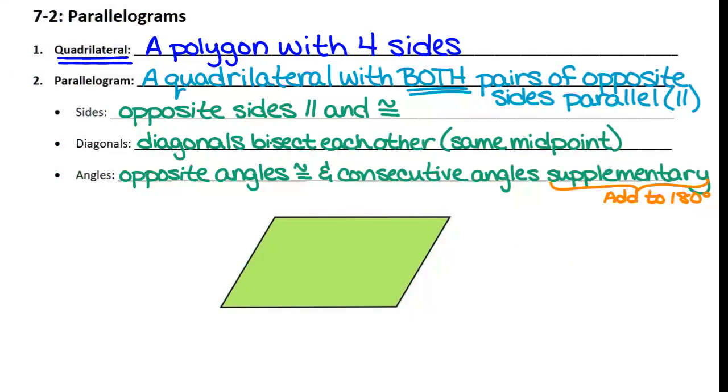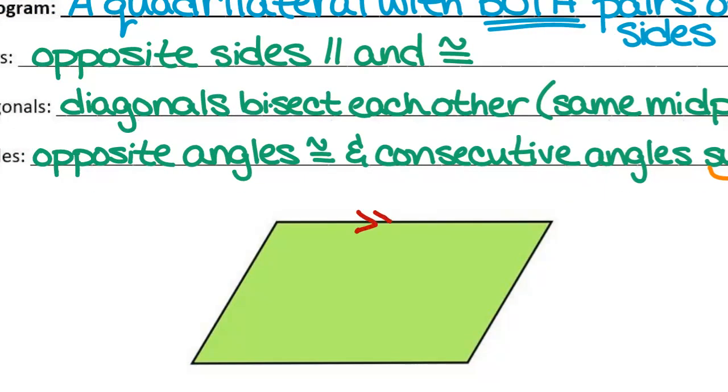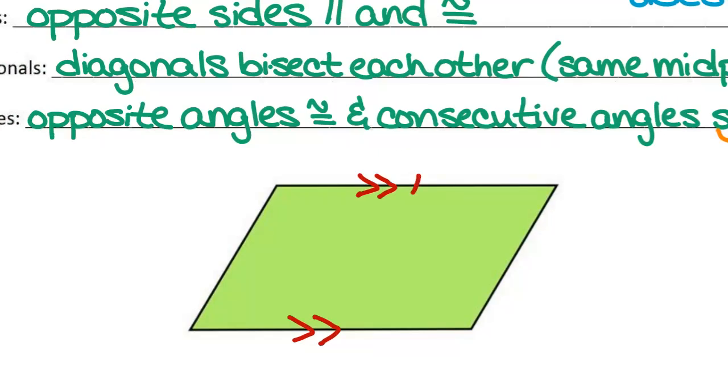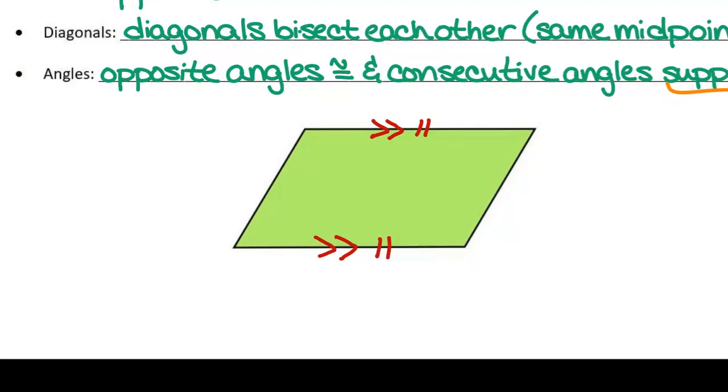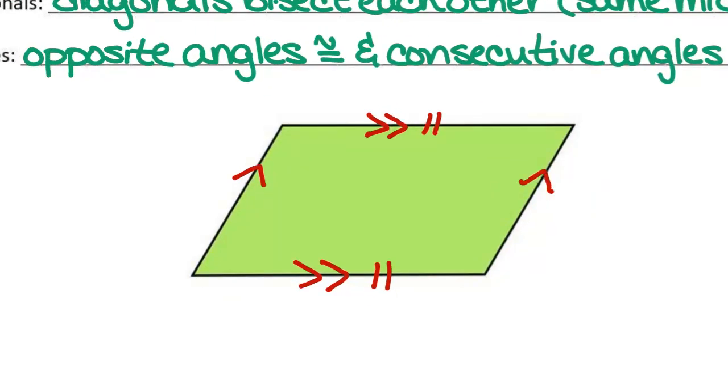All right. So we're going to go ahead and mark up this parallelogram here with what we just mentioned. We said the opposite sides were parallel and congruent. So this side is parallel to this side, and the top is congruent to the bottom. The left is parallel to the right, and the left is congruent to the right.